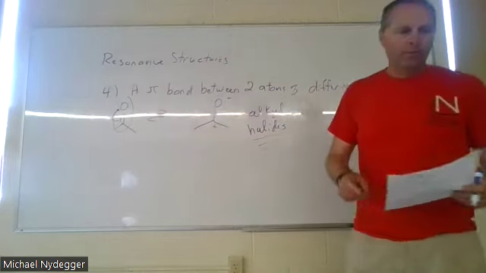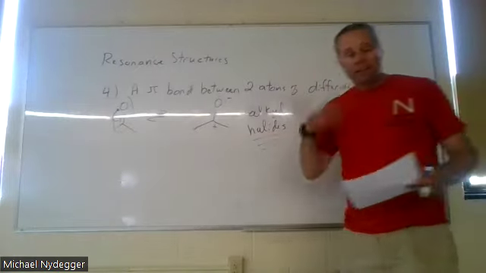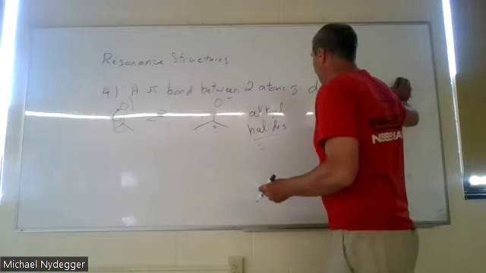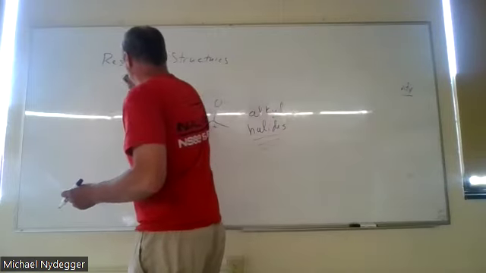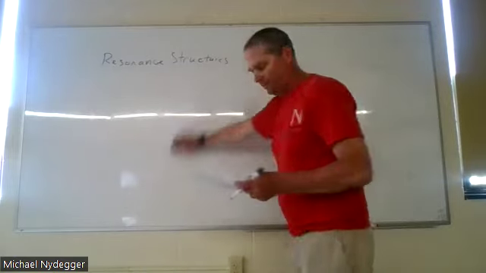Keep that in the forefront of your mind, because that becomes a big deal too. You'll start to hopefully see a pattern through all of this, except that won't have a pi bond.